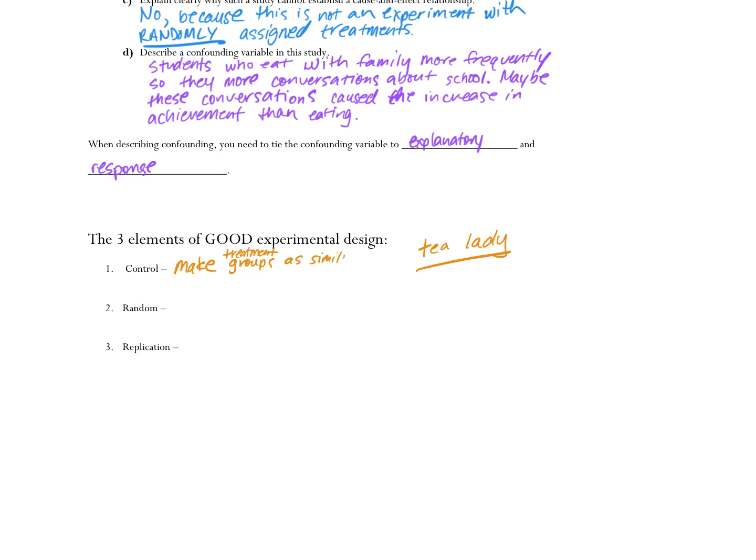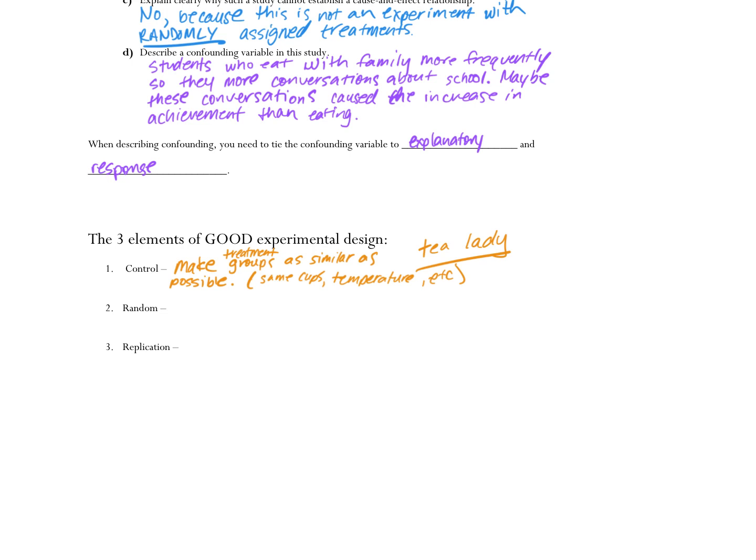In other words, just to connect it to that tea lady example, same cups, temperature, etc. Another way to think about this is that control means control for lurking variables.